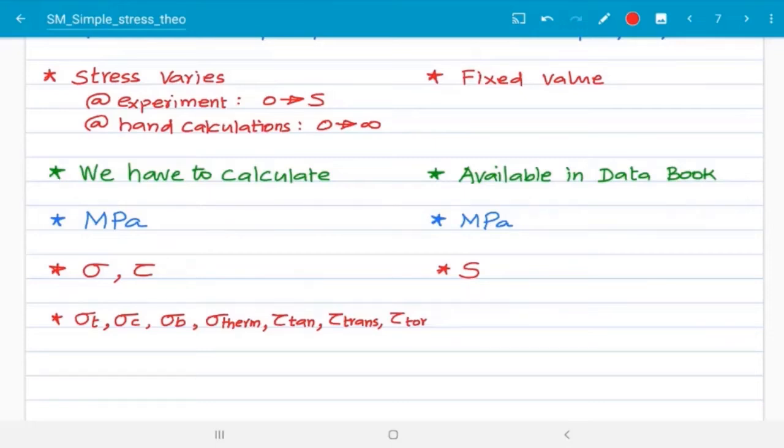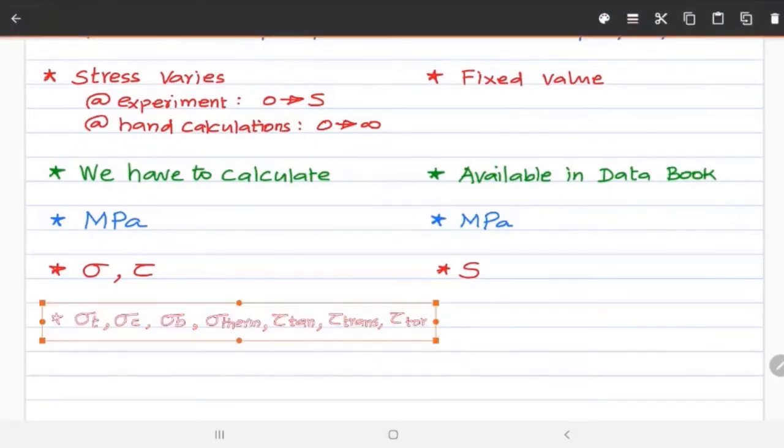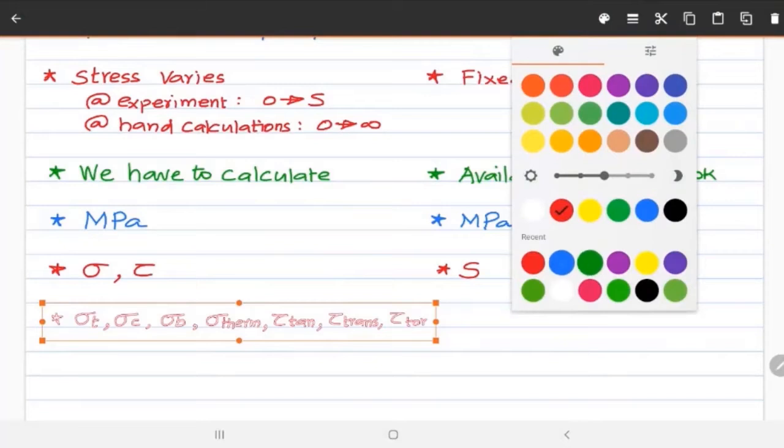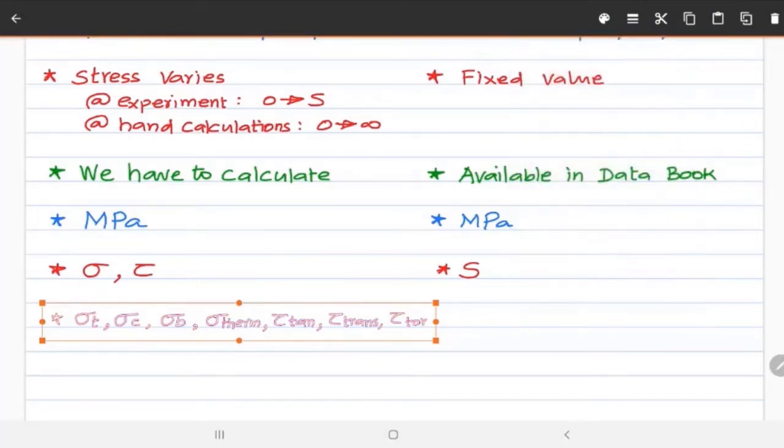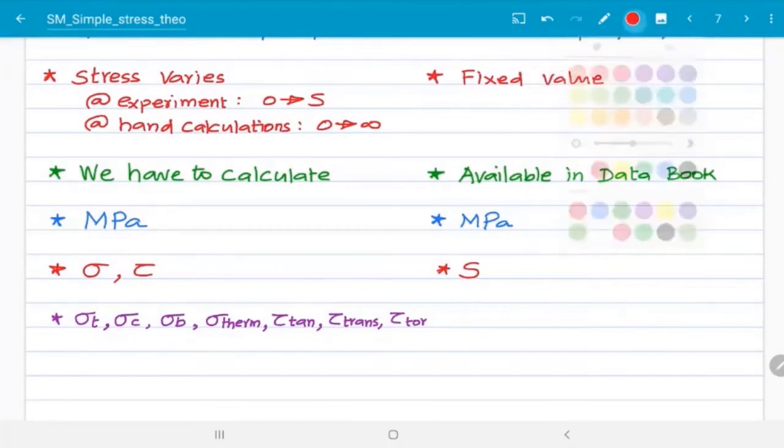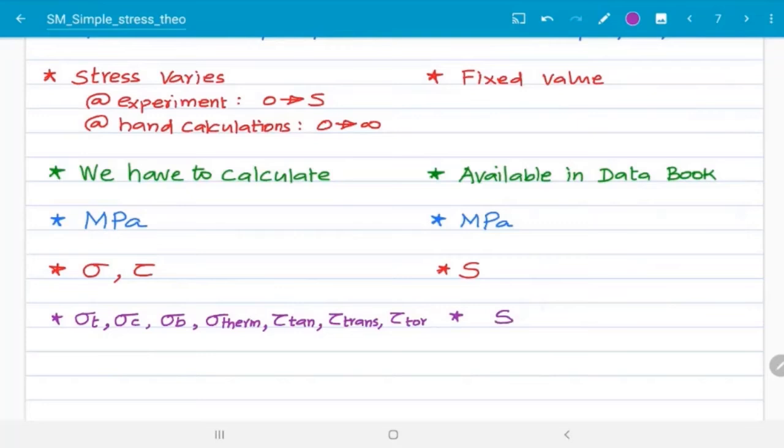How many strengths are available? There are two types of strengths: tensile strength and shear strength.